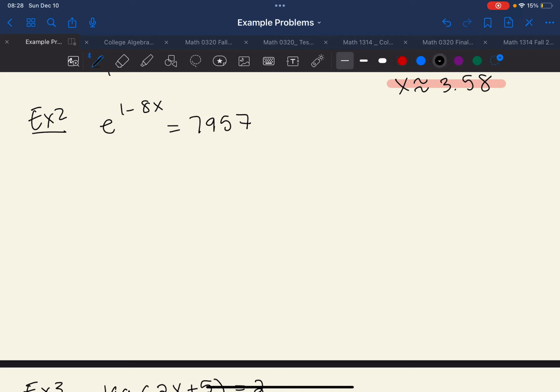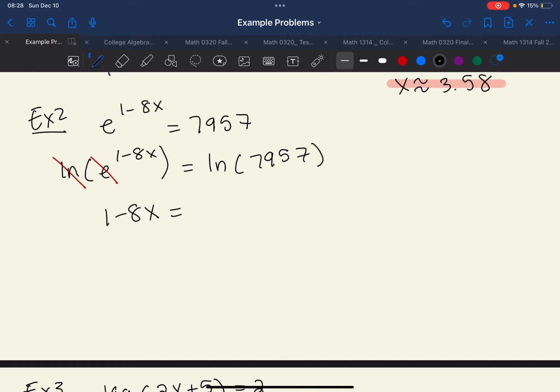So I'm going to do the natural log of e to the 1 minus 8x is equal to the natural log of 7,957. Remember, the natural log cancels out the exponential function. So these cancel, and then that exponent gets brought down. So 1 minus 8x is equal to the natural log of 7,957.